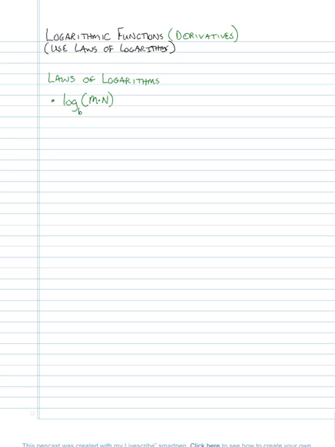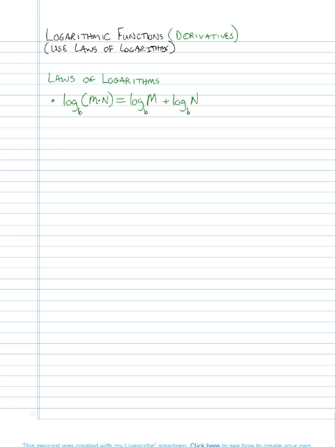We're specifically interested in the natural log, where it's base e, but we'll do it more generally here. So the logarithm of a product is the sum of the logarithms. That is, it's the logarithm of the first factor plus the logarithm of the second factor. And I know you're familiar with these, or at one time you were familiar with them.